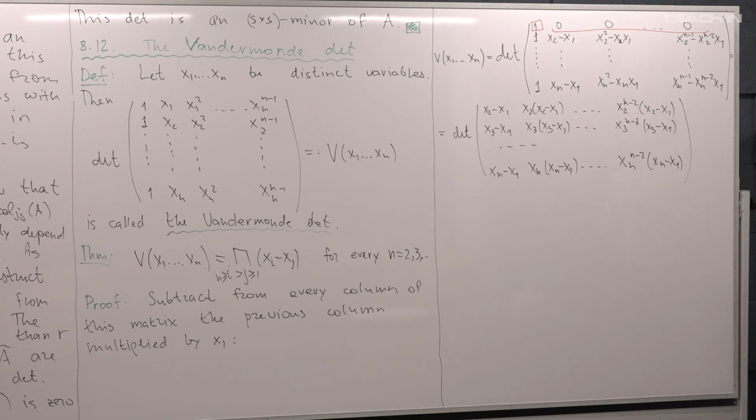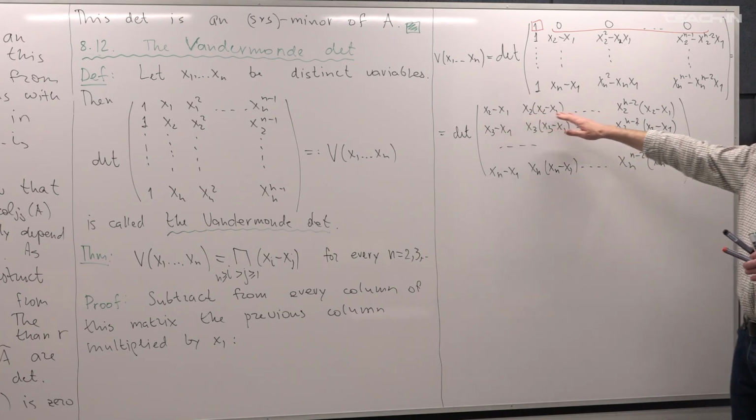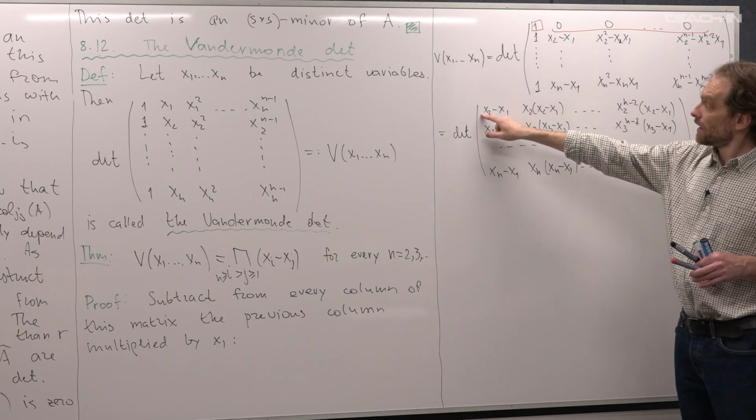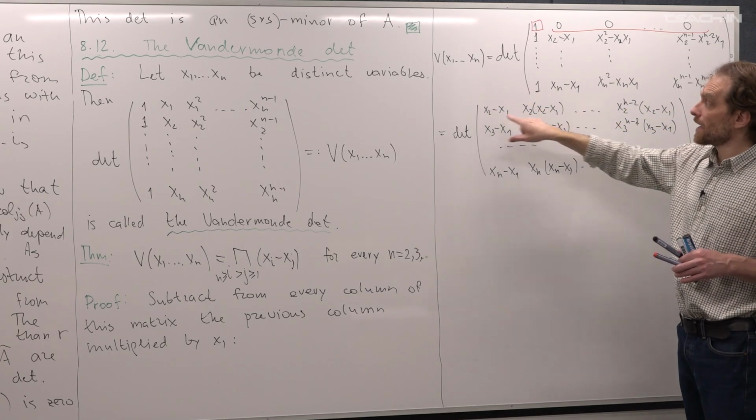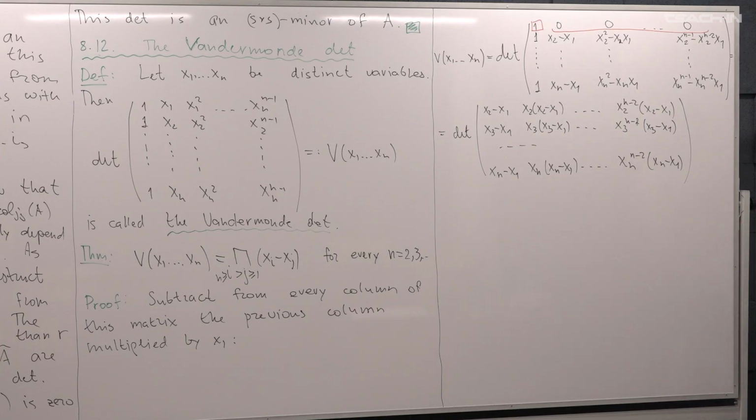And now we can observe that all the elements in the first row have the factor x2 minus x1. So we can just put this factor out of the determinant. So this determinant is divisible in some sense by this factor, and the same works for all the rows of this matrix.